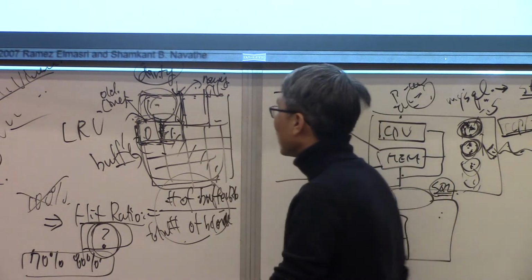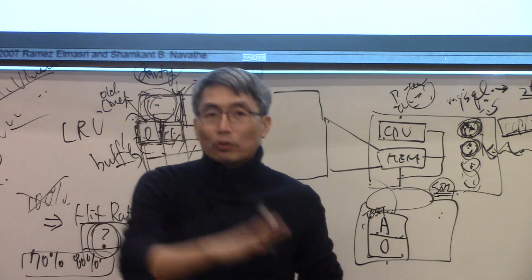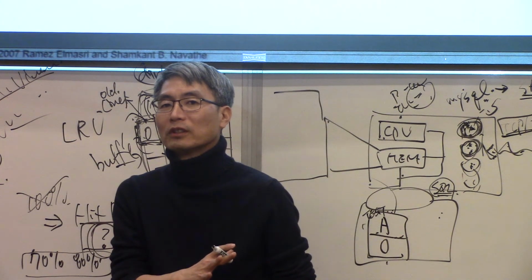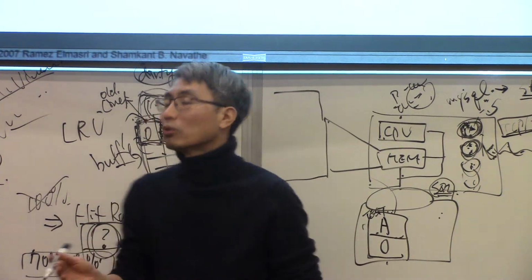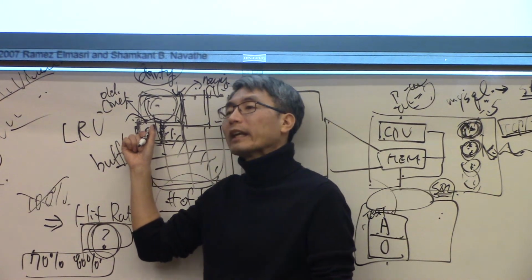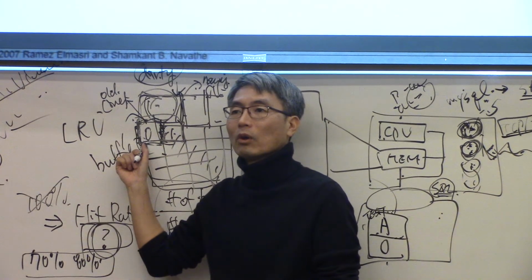Another question. After commit, this 0 will be removed right away. Yes or no? True or false? True? False? Do we need this old image after commit? Even though commit, we need this old image. Why?